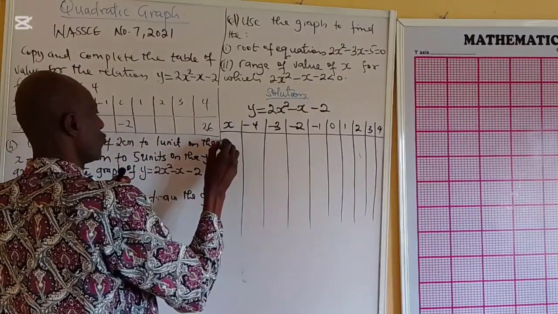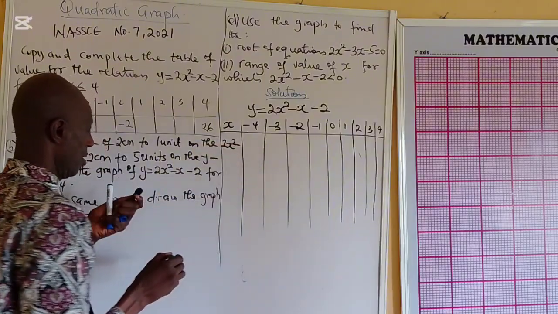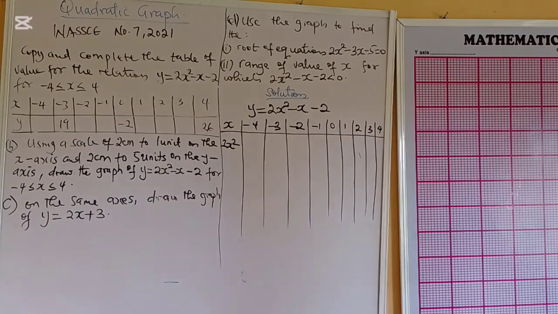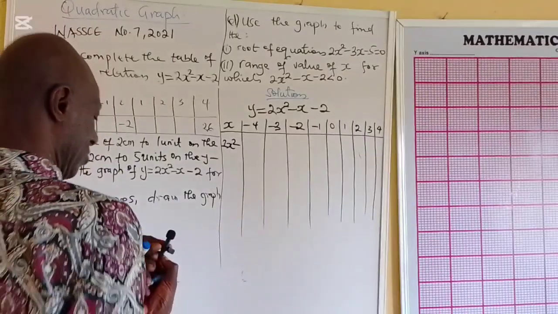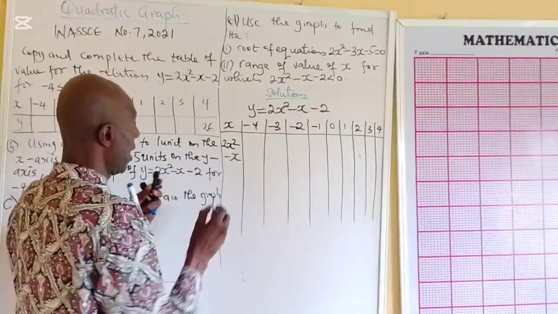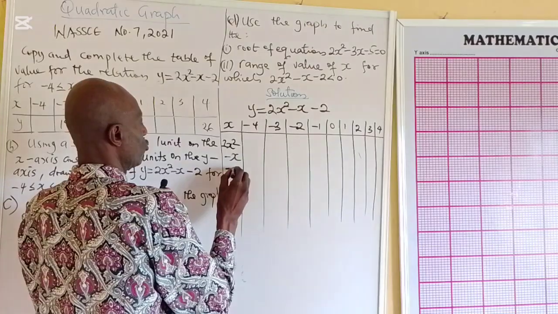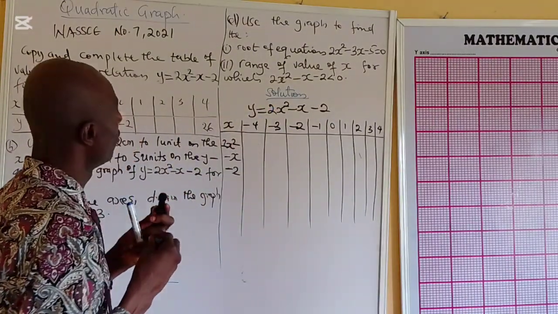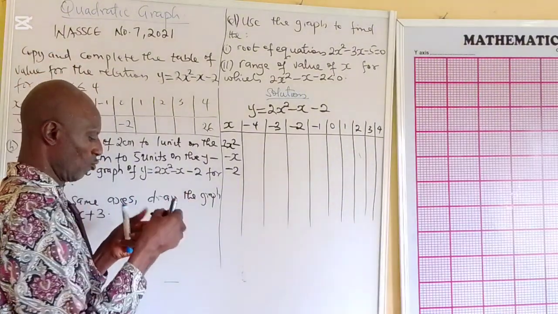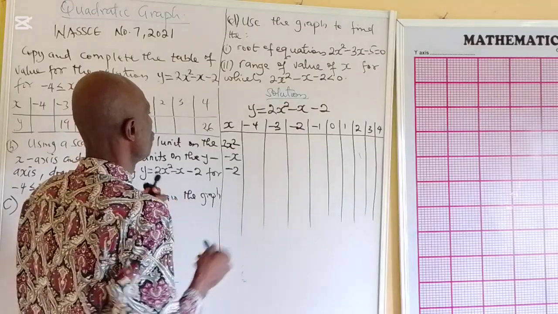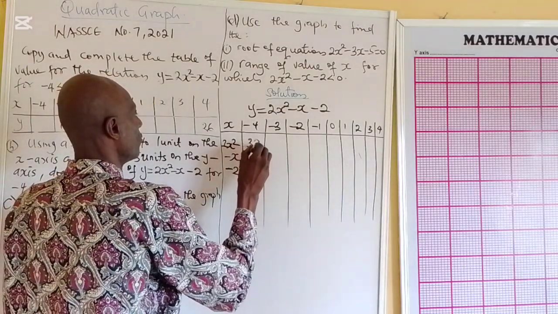The first thing there is 2x squared. The second thing there is minus x. And the third thing there is minus 2. So I will square minus 4. Minus 4 squared gives us 16. 16 times 2 gives us 32.